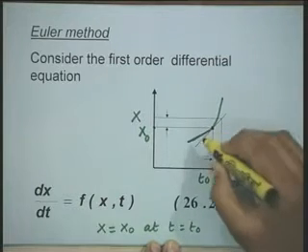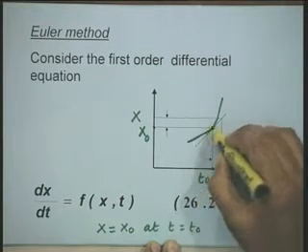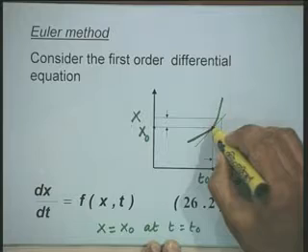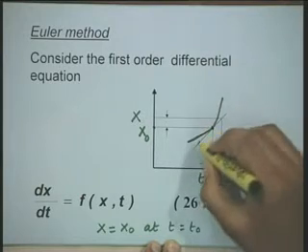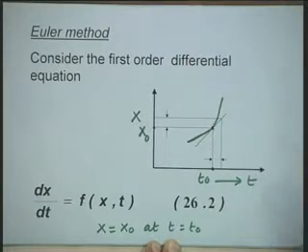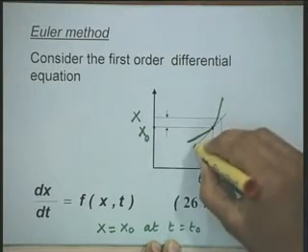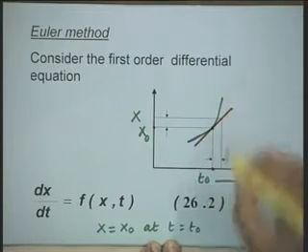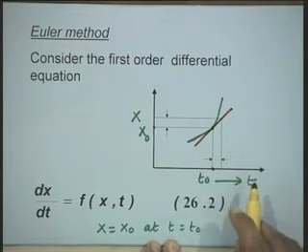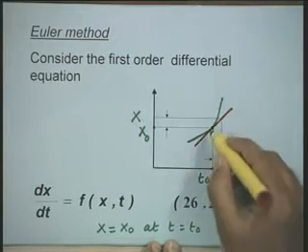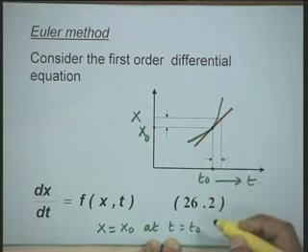It means we are basically finding the slope of this curve at x equal to x naught, and let us say that this line represents the slope at x equal to x naught, right.